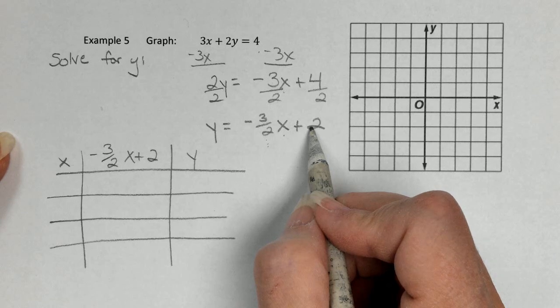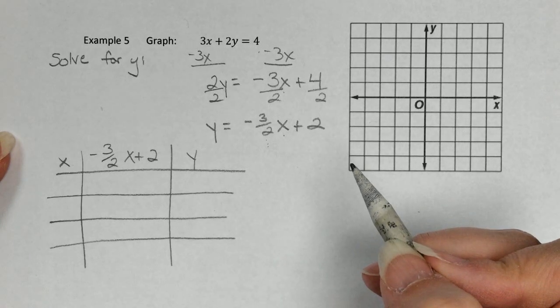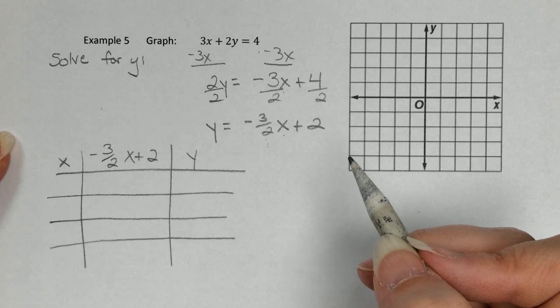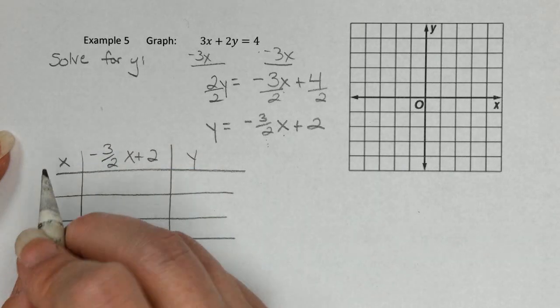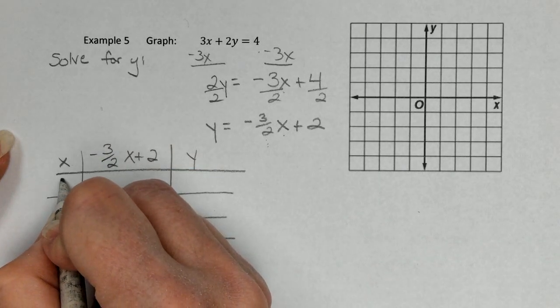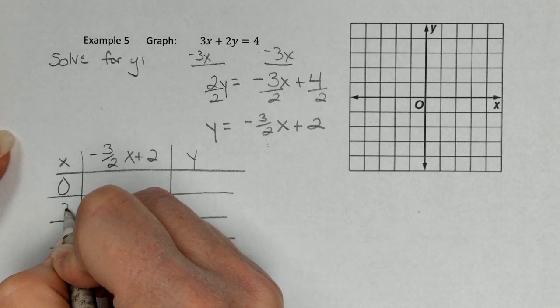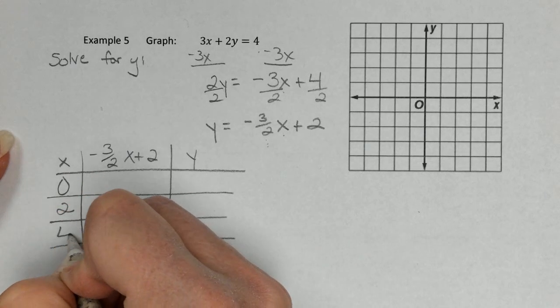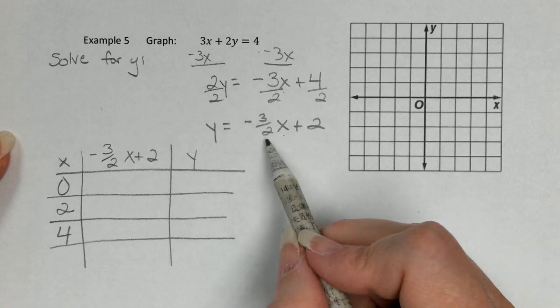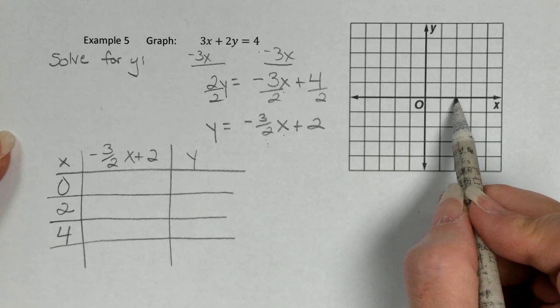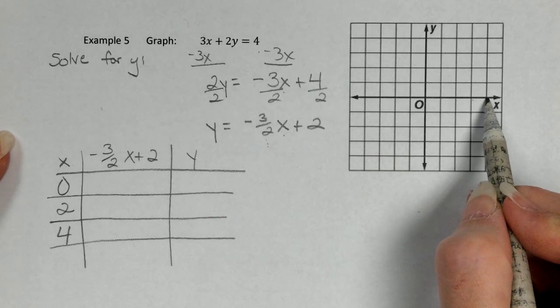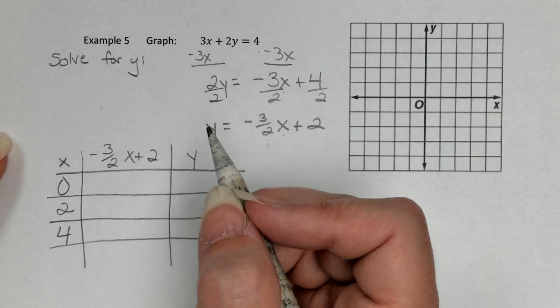That'll fit. I think I'm going to start with 0, 2, and 4. Okay, they're all even. And 1, 2, 3, 4. That x will fit. So as long as the y's work out, this should work.